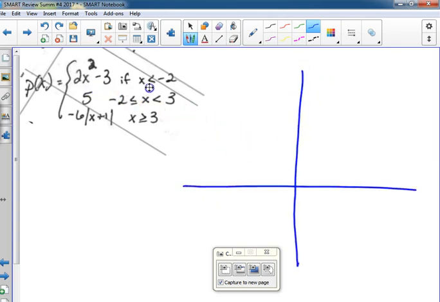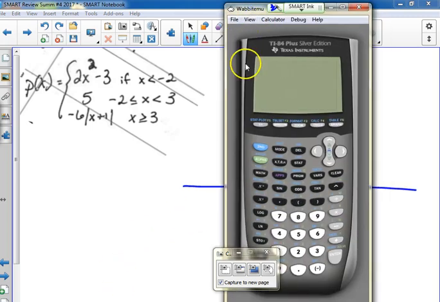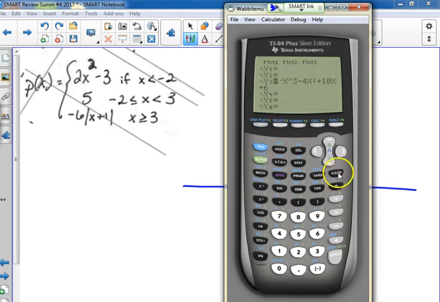All right. So less than -2, it's this. Do you want to practice using the calculator today? You could put in (2x squared minus 3). And then what?